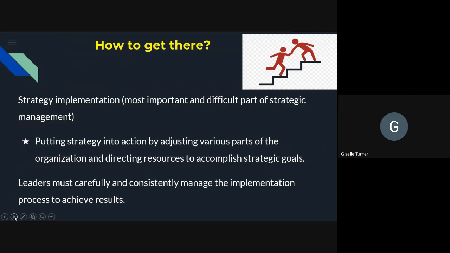So leaders must carefully and consistently manage the implementation process to achieve results, because success relies on follower support. So it's the leader's job to ensure that people understand and are committed to the organization's strategic direction. Next slide, please.